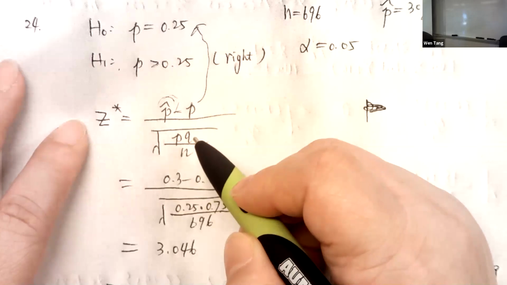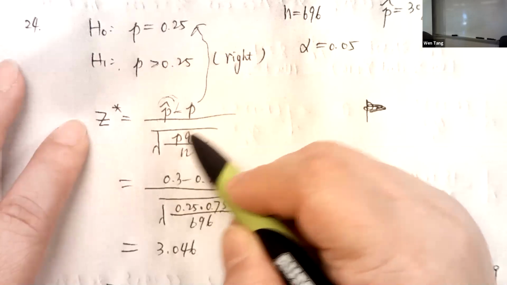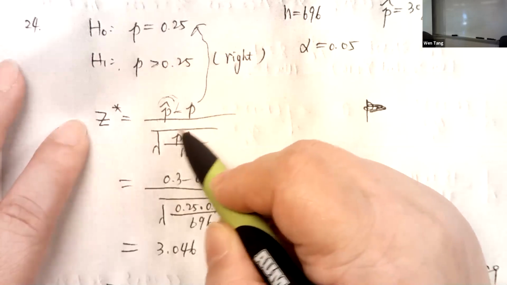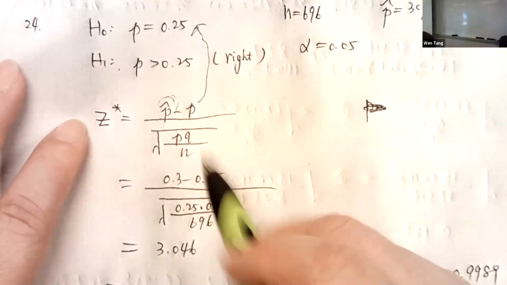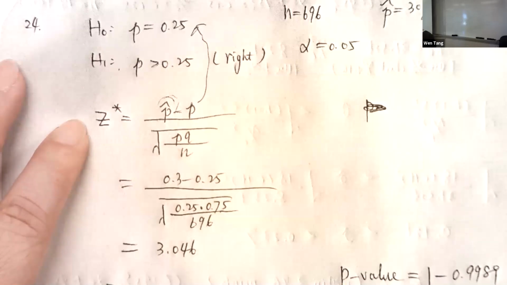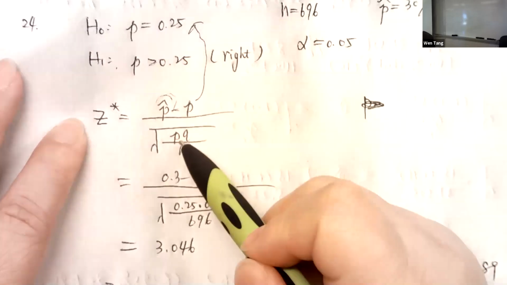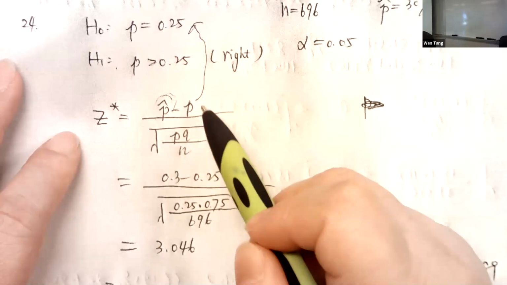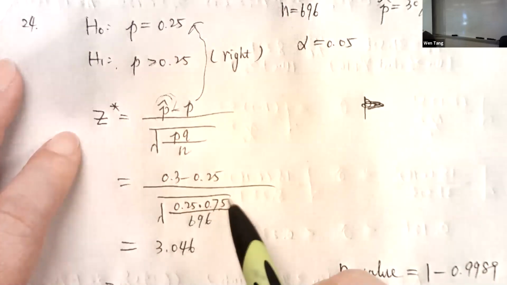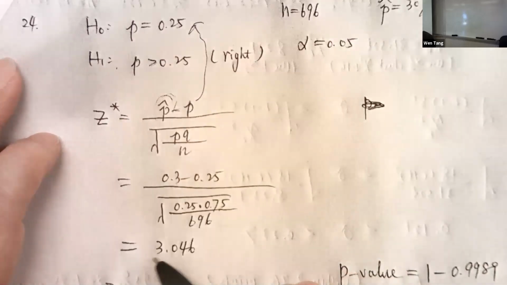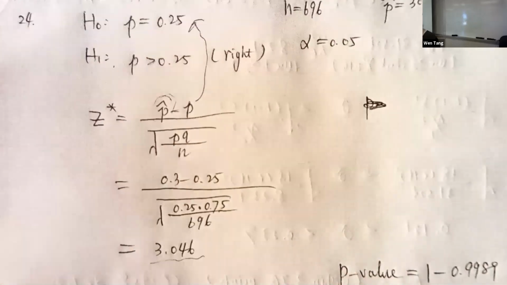Don't make that mistake. It's P times Q, not P hat, Q hat. Some students will think it is P hat, Q hat, because when we do the confidence interval, there is a P hat, Q hat. But here, it's the P and the Q. So in this case, it's 0.25 times 0.75. The remaining part, we only need to find the Z value. That's the test statistic Z.